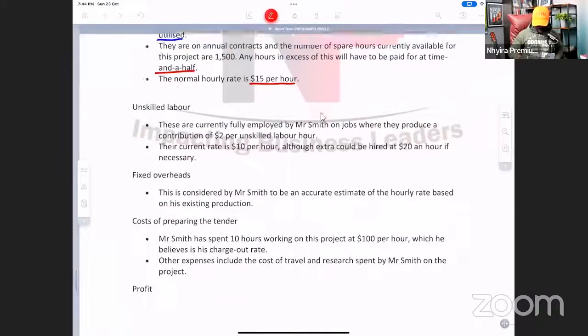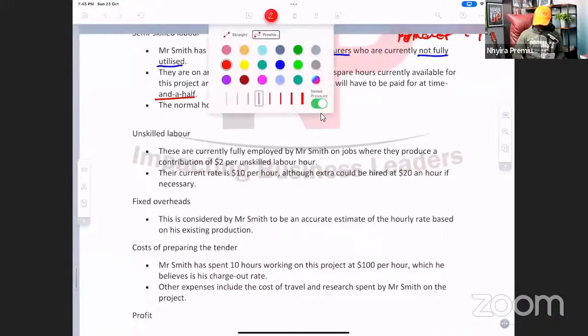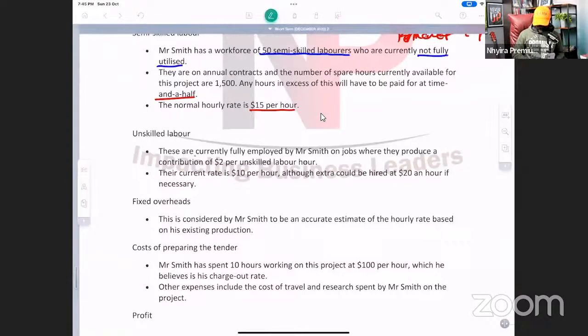Where is it? Unskilled labor. These are currently fully employed by Mr. Smith on jobs where they produce a contribution of $2 per unskilled labor hour. So fully employed means there is no idle time. Sounds good?